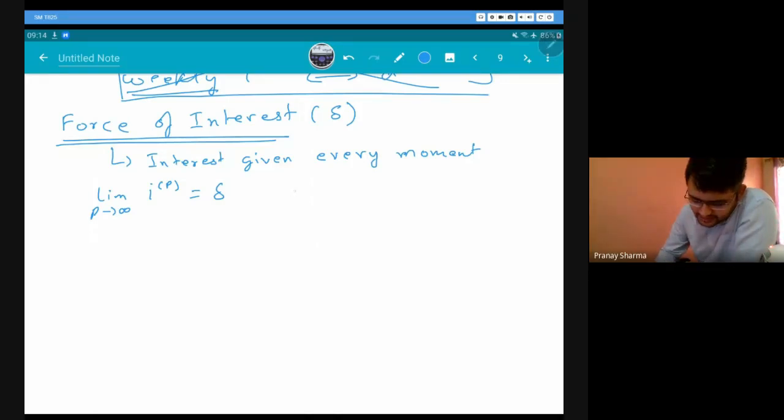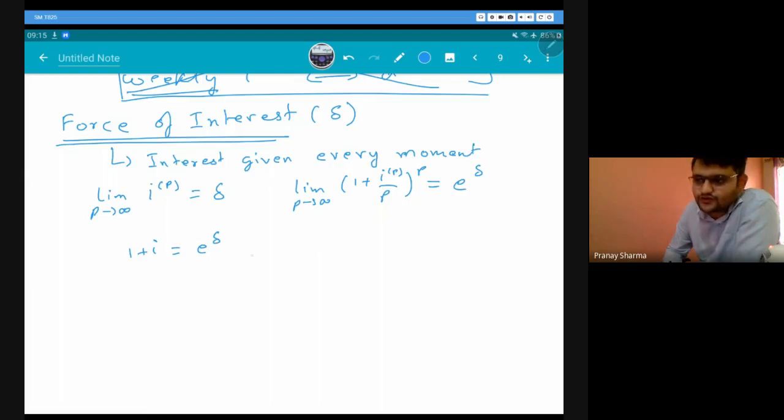And similarly, this becomes e raised to delta. So our 1 plus i is equal to e raised to delta. This is how we write it.